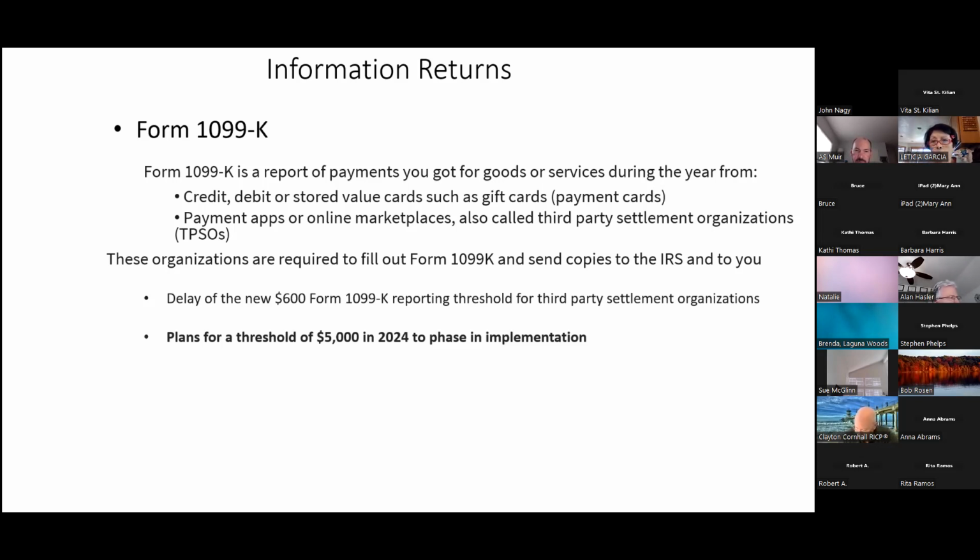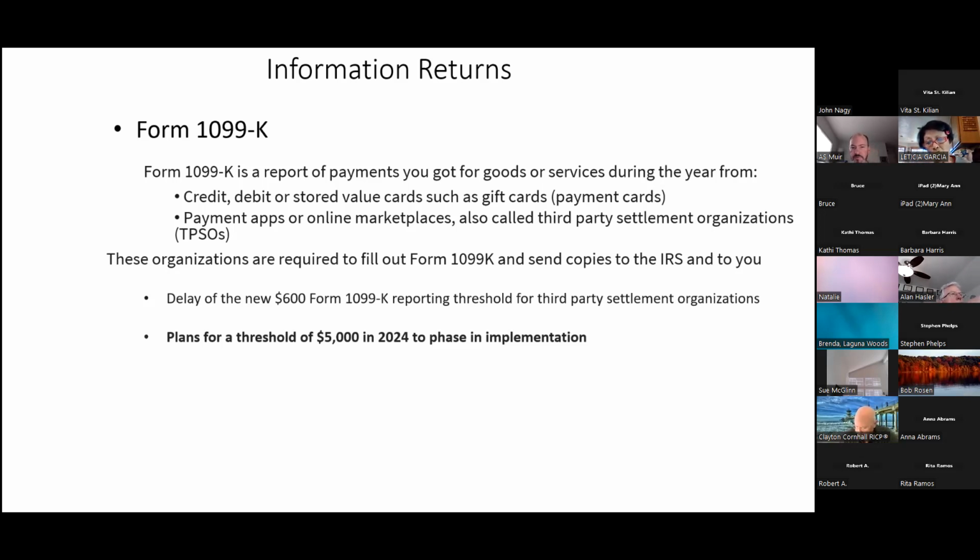I've seen it for drivers, i.e. Lyft and Uber. And then there's also what is called a third-party settlement organization. Basically an intermediary. But at the end of the day, a taxpayer is providing goods and services, and the 1099-K is then issued to the taxpayer for the amount that they provided.